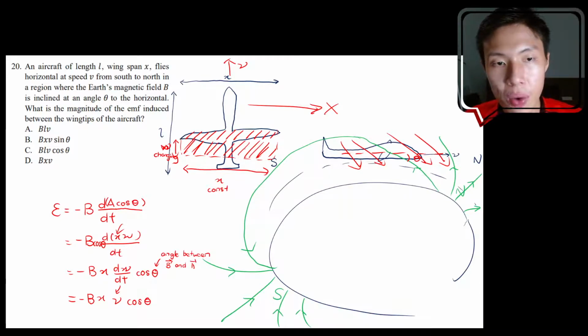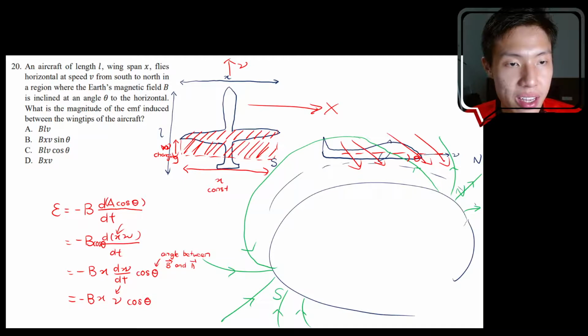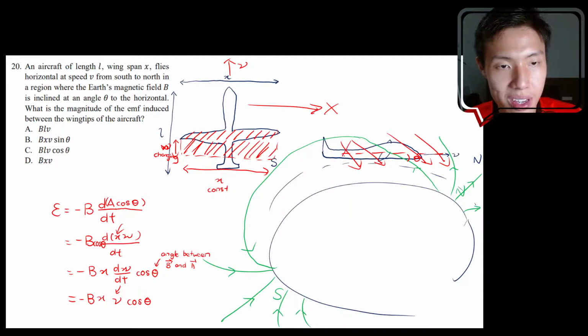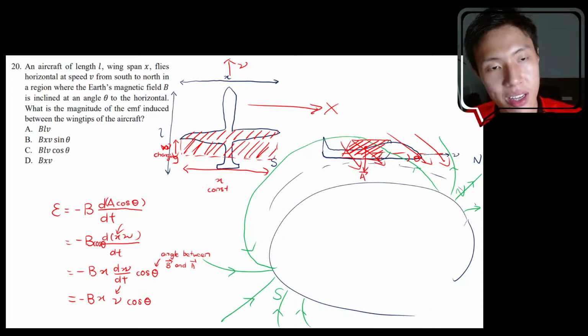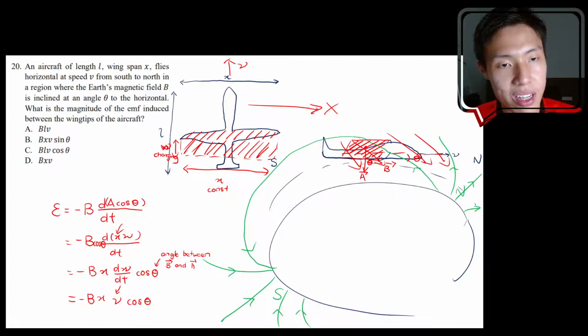Right now our A, I don't know whether you can imagine or not, this is the area. Our area vector will be pointing, let's say, downward. Then this is our B, so this is our angle. This should be the value we substitute in.